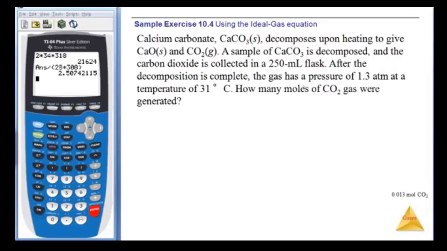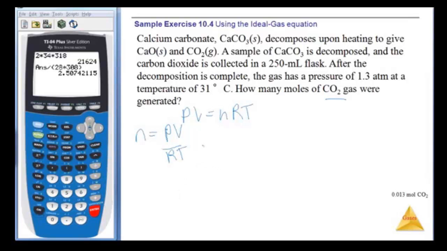After the decomposition, the gas has a pressure of 1.3 atmospheres and temperature of 31 Celsius, and we want to know how many moles of gas. Okay, so we can use PV equals nRT. I want to solve for moles, so if I divide both sides by RT, I get moles is PV over RT.